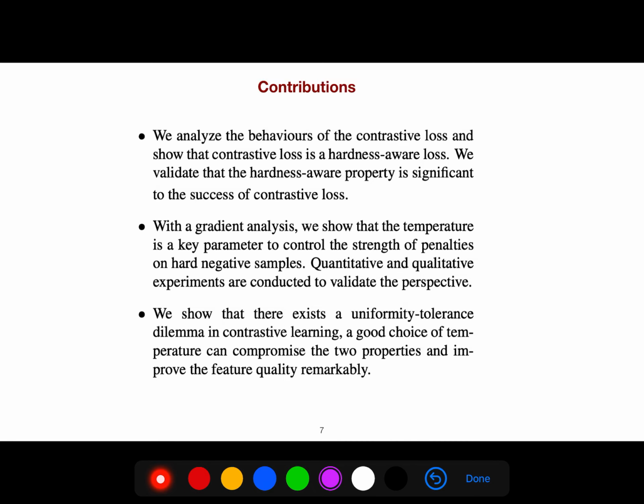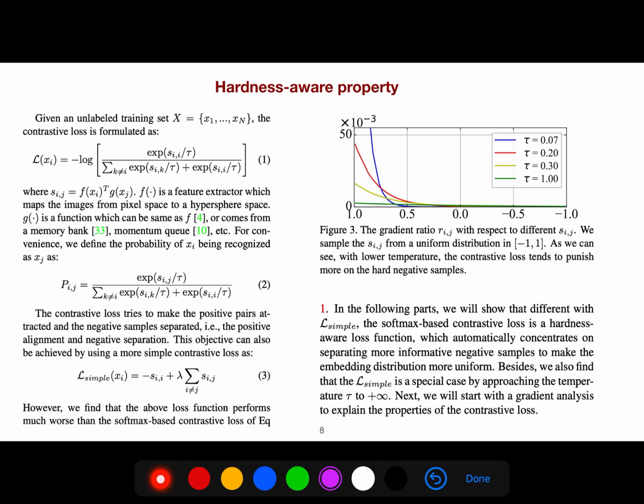Quantitative and qualitative experiments are conducted to validate the perspective. And they show that there exists a uniformity-tolerance dilemma in contrastive learning. A good choice of temperature can compromise the two properties and improve the feature quality remarkably.